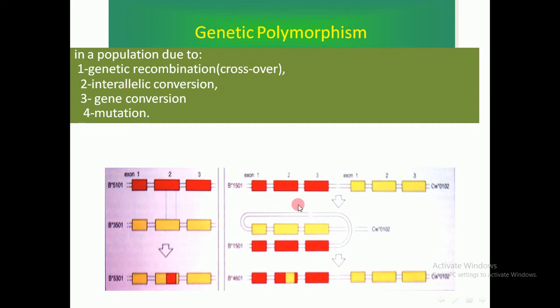Intra-allelic conversion, and here the rotation of the chain of the DNA, and gene conversion. There is a conversion in the gene. And last one, the mutation. All these factors lead to a large number of HLA alleles.